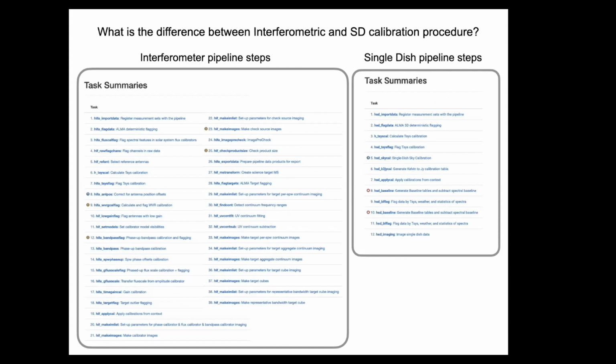Here is a list of all the steps that were necessary to make images in interferometric observations, which goes up to 39. While for the single dish, in this case, one would have 12 steps. So it's more straightforward to do the calibration, but still there are some peculiarities of this observation mode that is important to understand.